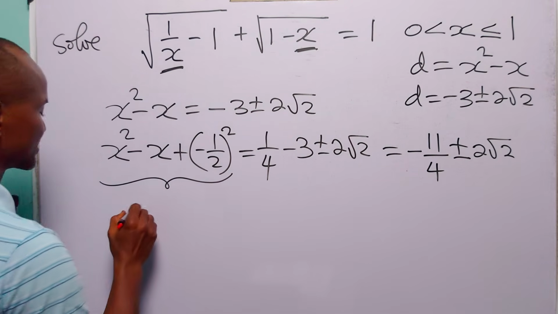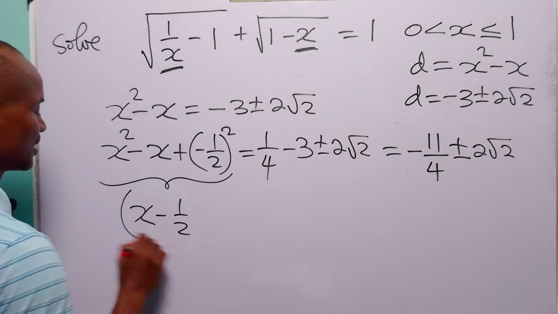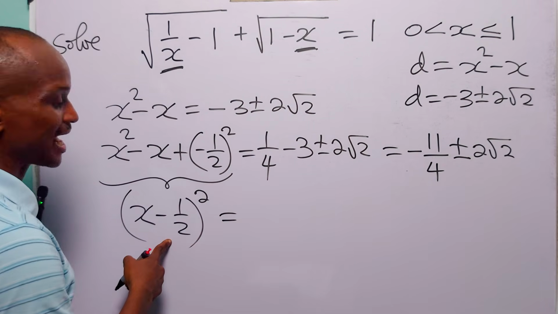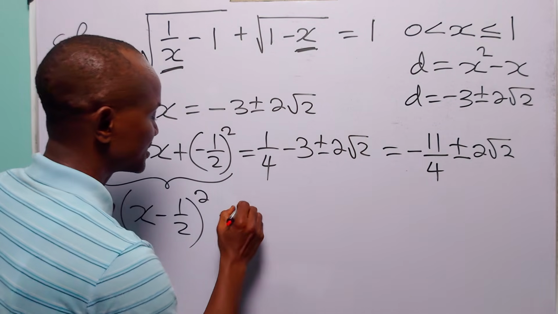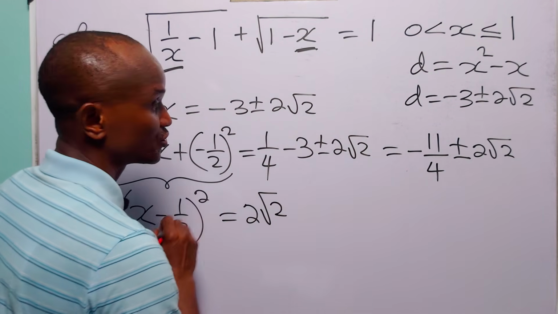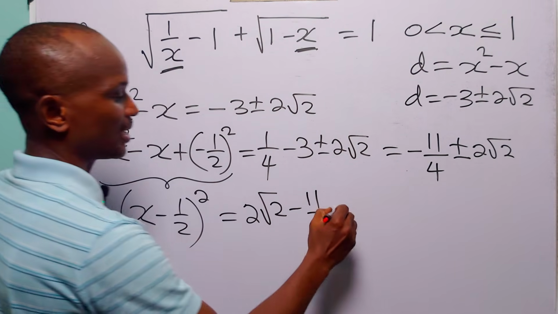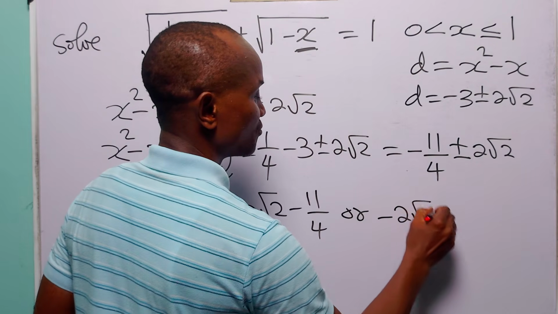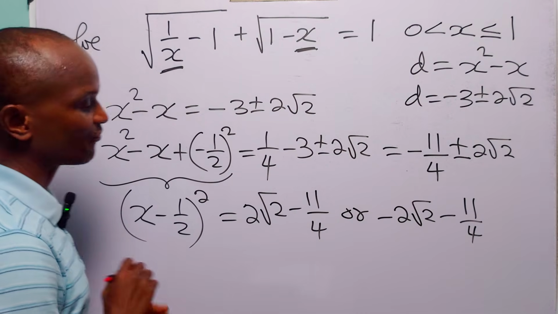So we take 1x and we take 1 minus half and we square. And remember that this is now equal to two values. The first value is 2 root 2 minus 11 over 4. And the second value is minus 2 root 2 minus 11 over 4.